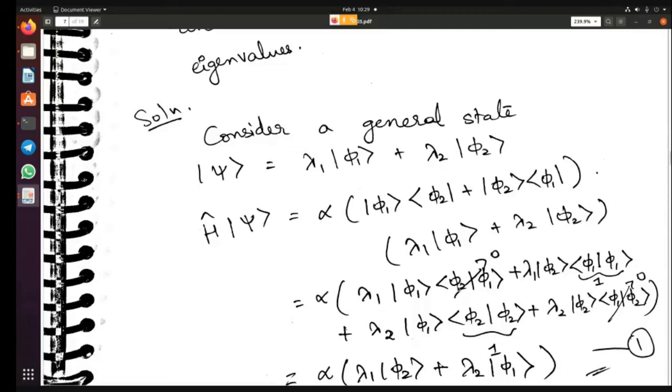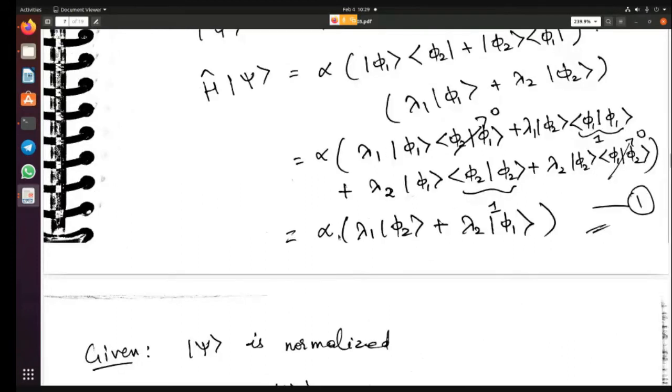The scalar product of phi 2 with phi 1 will be 0, the scalar product of phi 1 with phi 1 will be 1, and similarly for the phi 2 term. Finally you will get alpha into lambda 1 phi 2 plus lambda 2 phi 1. So if psi is an eigenstate of H, then this is what you are getting. Let's call this equation number 1.